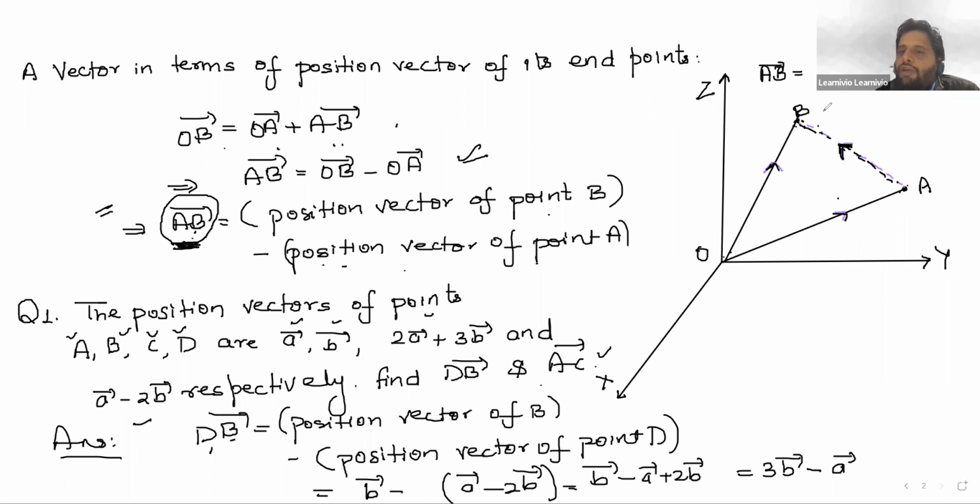Position vector of final B minus position vector of A. Okay, Abdur, I will check this.